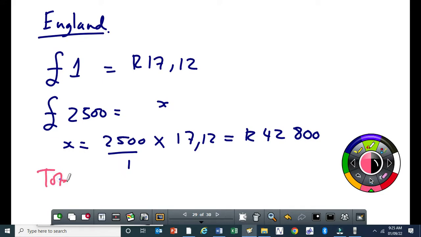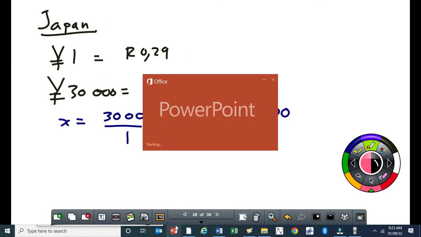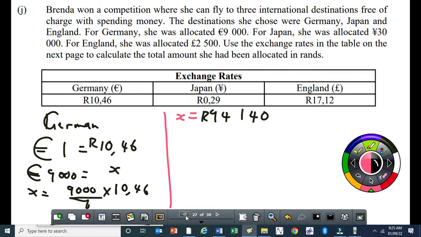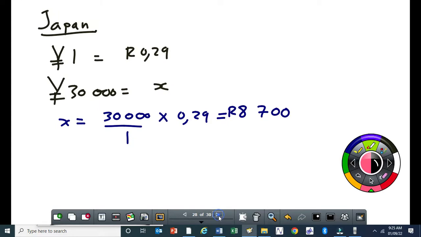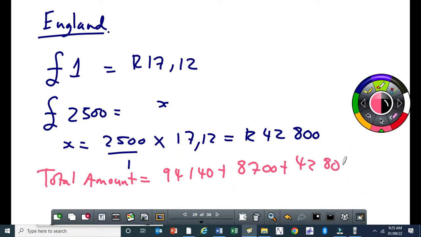So the total amount will be equal to 91,140 plus 8,700 plus 42,800.